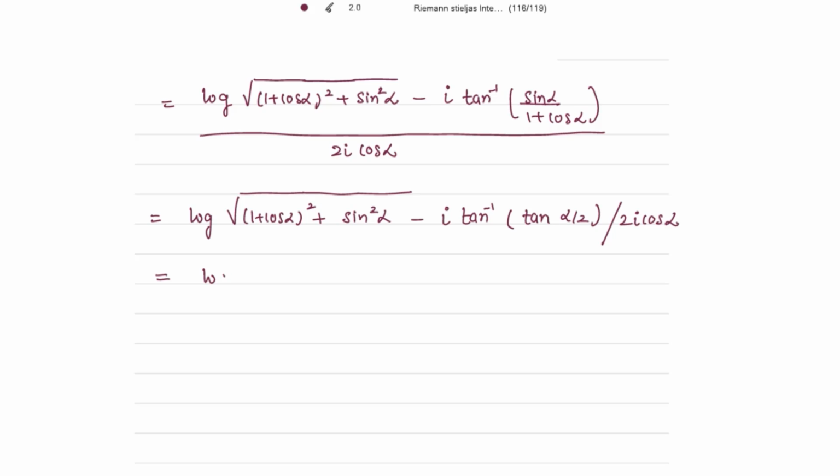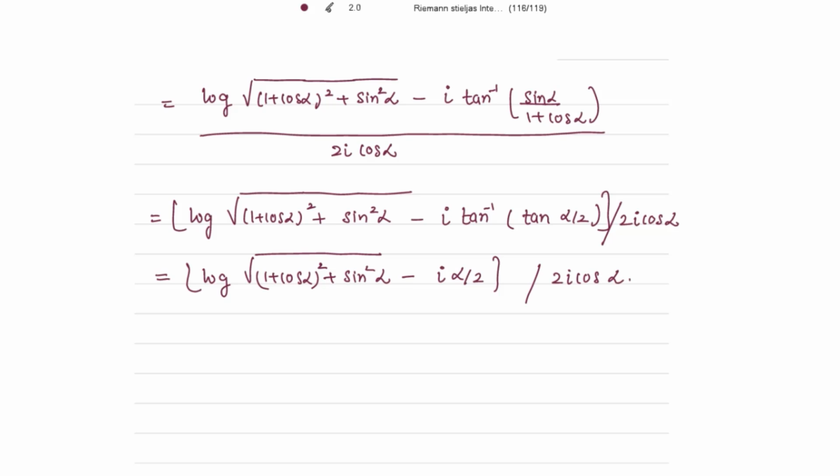So next, log of square root of 1 plus cos alpha whole square plus sine square alpha minus iota, and the tan inverse tan will go, so this is just alpha by 2, divided by 2 iota cos alpha, right? Now I am going to use the Cauchy residue theorem, the third step.